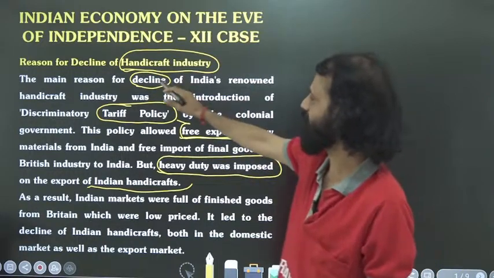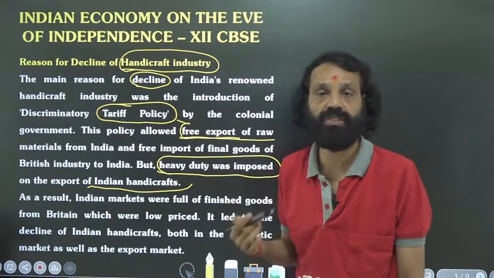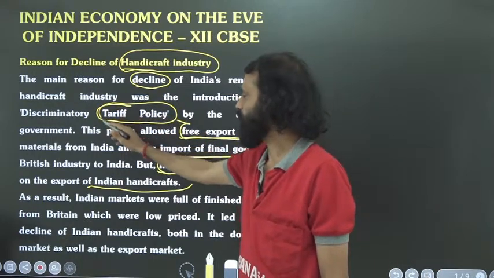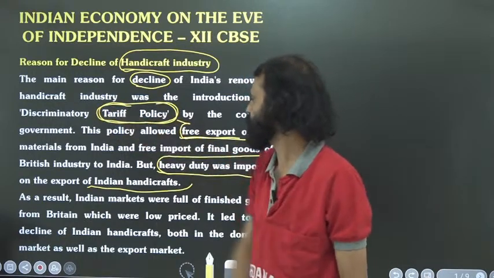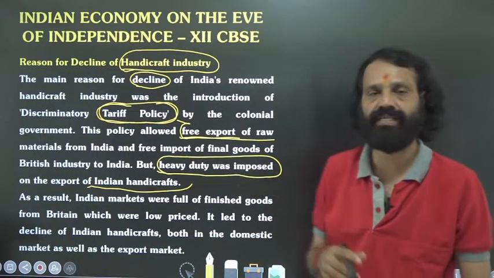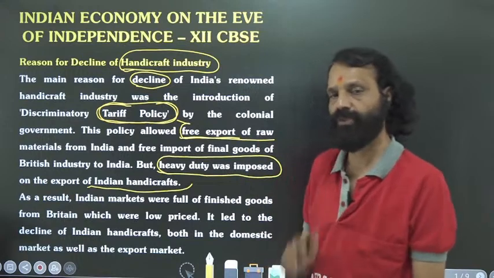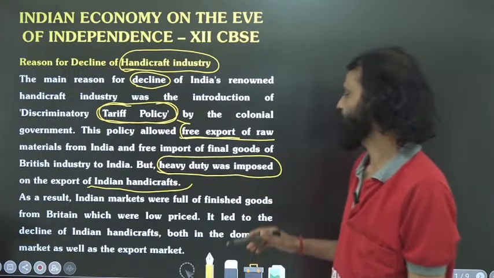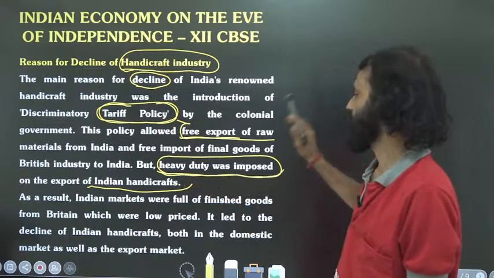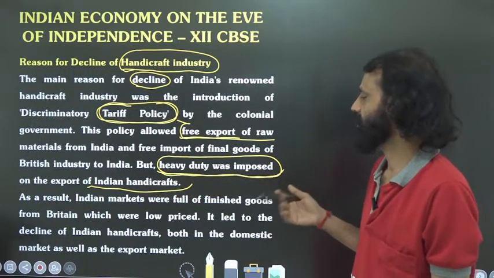Okay, the reason for the decline of the Indian handicraft industry during the time of the Britishers' rule in India. You need to remember this point: the new tariff policy implemented by the Britishers destroyed India's handicrafts industry. They also put heavy duty on the export of Indian handicraft items to other countries.